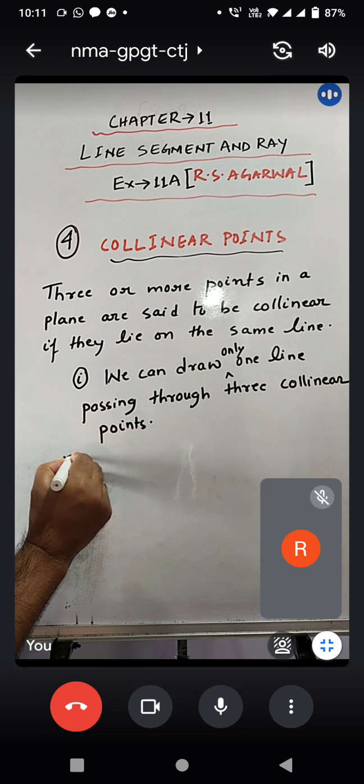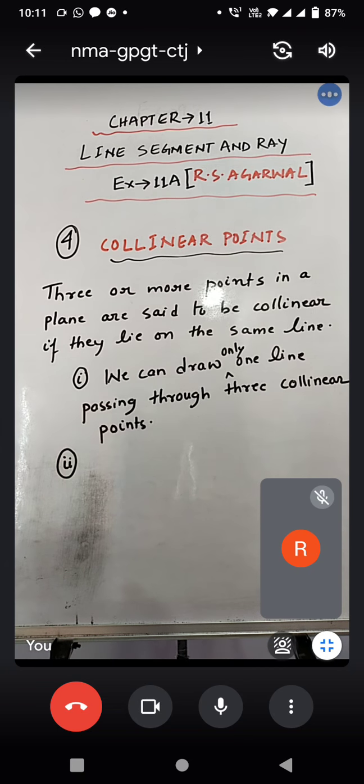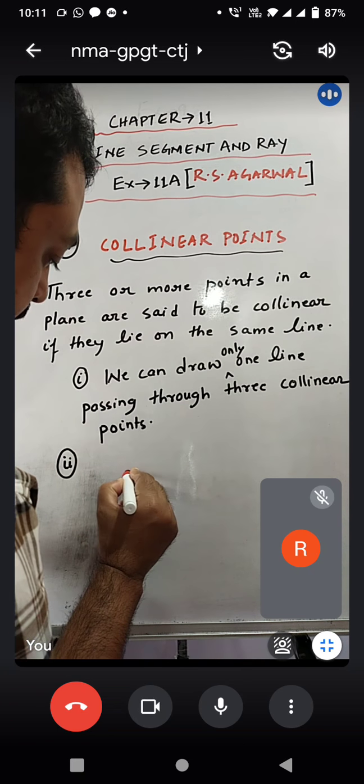Now in sum number 2, we have to name the three line segments. Three collinear points A, B, C are given. How many line segments do you determine? Name them. The figure is given in the question.